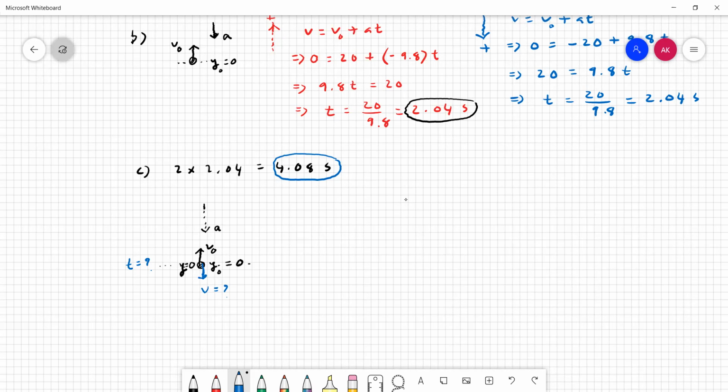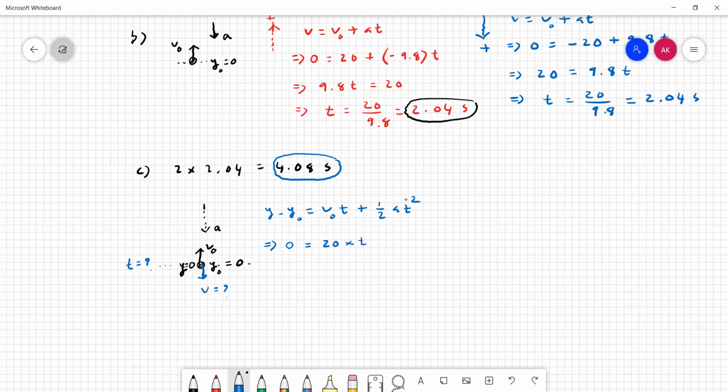So you can write, okay, y minus y naught is equal to v naught t plus half a t squared. But what's the displacement of the object? What did we say? That is 0. Initial and final positions are the same. V naught, suppose we use upward direction to be positive, then V naught will be 20.